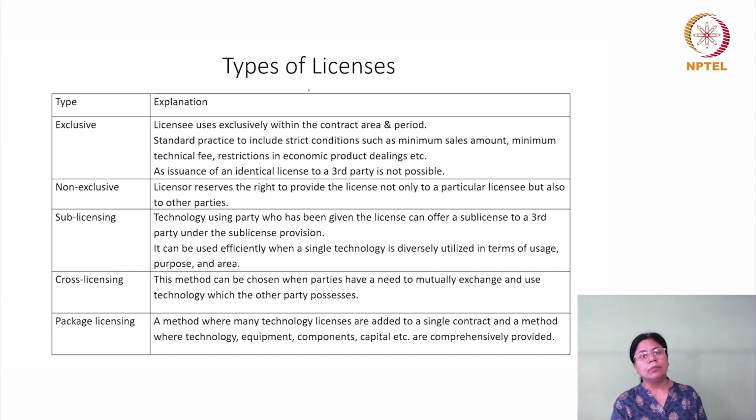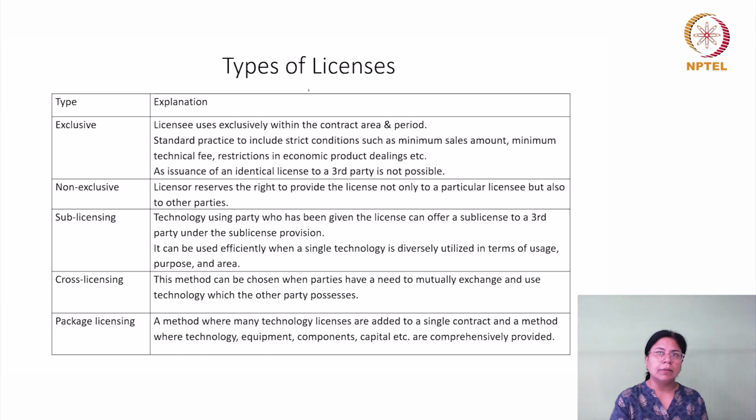Apart from that, the key issue with respect to the exclusive license is that issuance of a similar license to a third party is not possible. So as defined by what we mean by exclusive license, an identical license will not be given to a third party. On the other hand, we can have a non-exclusive license where the licensor reserves the right to provide the license not only to a particular licensee but also to other parties as well.